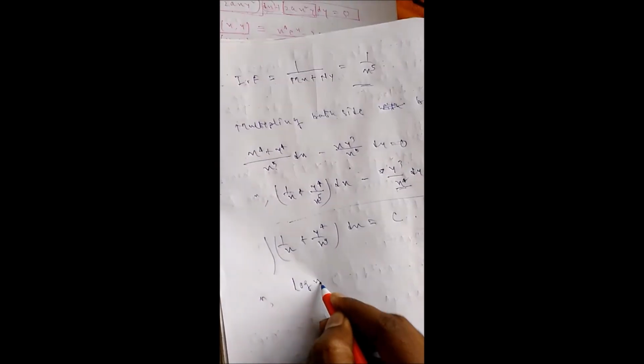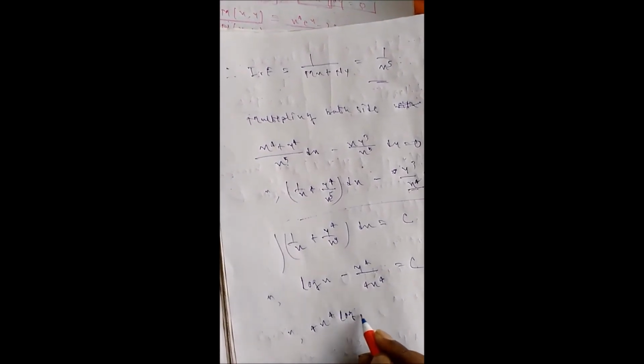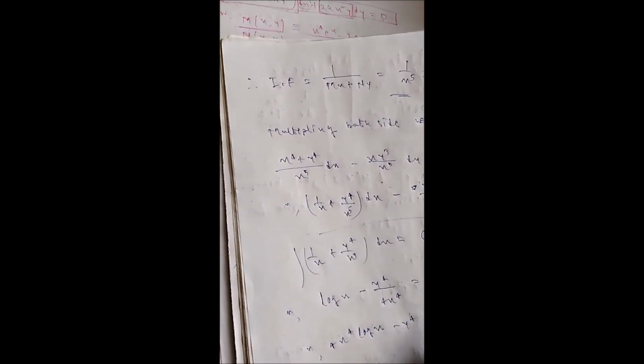Here integrating 1 by x plus y to the 4 by x to the 5 dx is equal to c, or log x minus y to the 4 by 4 x to the 4 is equal to c, or 4x to the 4 log x minus y to the 4 is equal to 4c x to the 4, where c is an arbitrary constant or integrating constant.